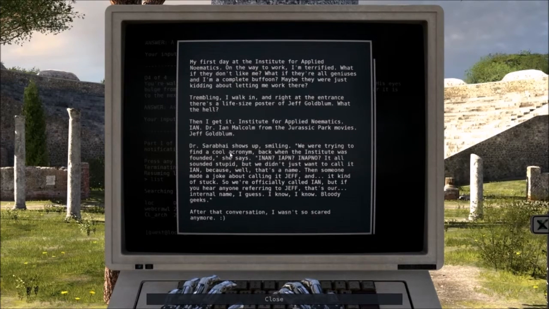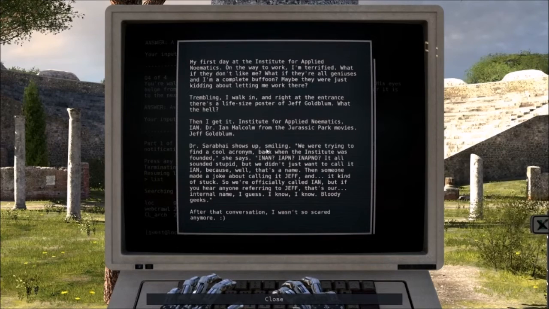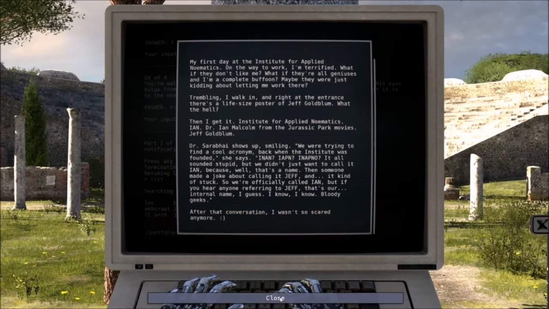Dr. Sarabhai shows up, smiling. We were trying to find a cool acronym back when the Institute was founded, she says. INAN, IAPN, INAPNO. It all sounded stupid, and we didn't just want to call it Ian because, well, that's a name. Then someone made a joke about calling it Jeff, and it kind of stuck. So we're officially called Ian, but if you hear anyone referring to Jeff, that's our internal name, I guess. I know, bloody geeks. After that conversation, I wasn't so scared anymore.